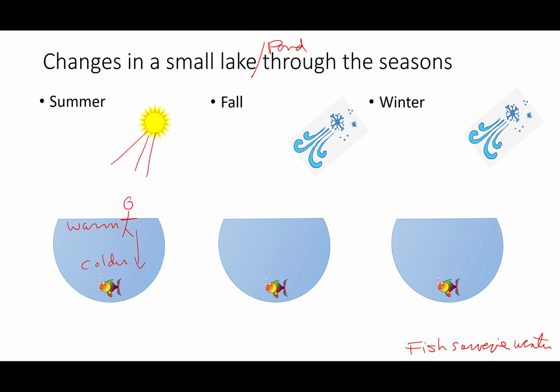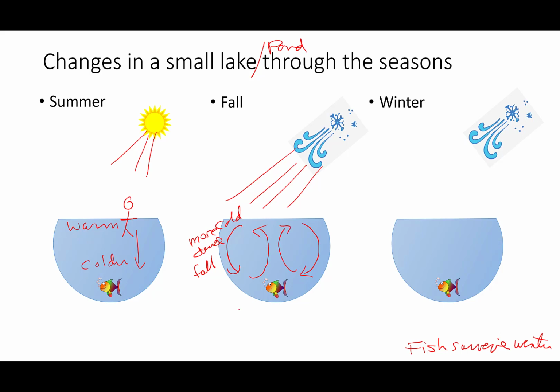Now, as fall approaches, cold wind blows over the top of that pond. Well, what happens with the cold wind is the top layer of water gets cold. Well, cold water is more dense and it falls. And as that cold water gets more dense and it falls, it brings the colder water up from the bottom and it goes to the top.